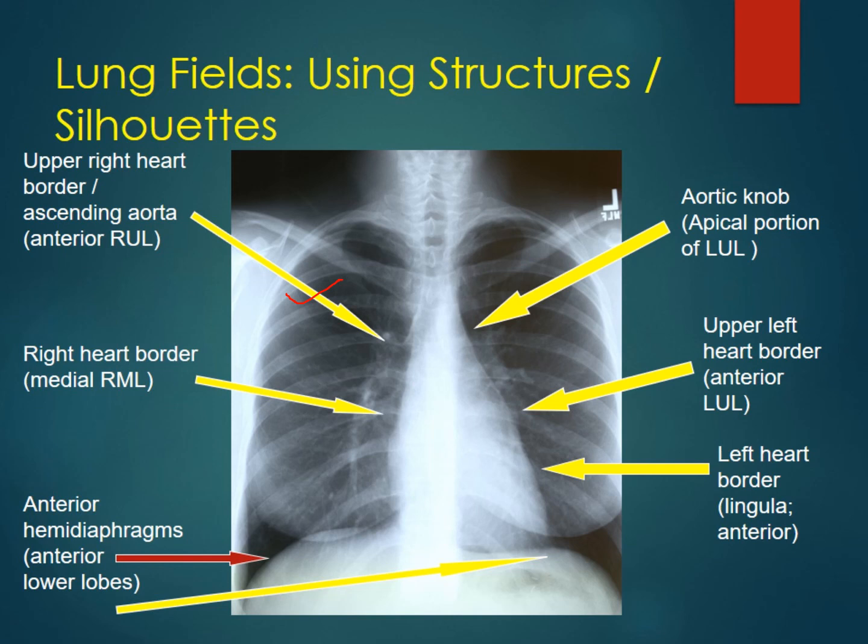Along with it, we can see the various lobes of the lung as well, which are indicated on the slide. So, ideally, we should remember these positions if we want to interpret an X-ray correctly.